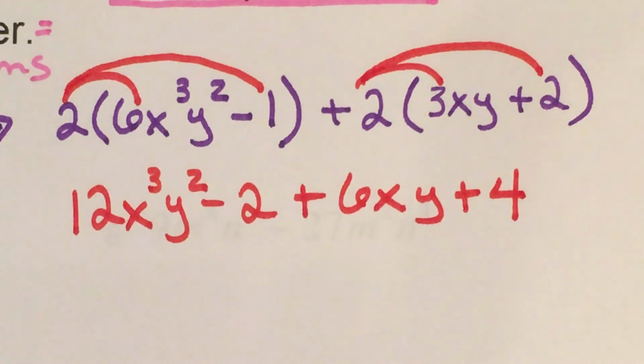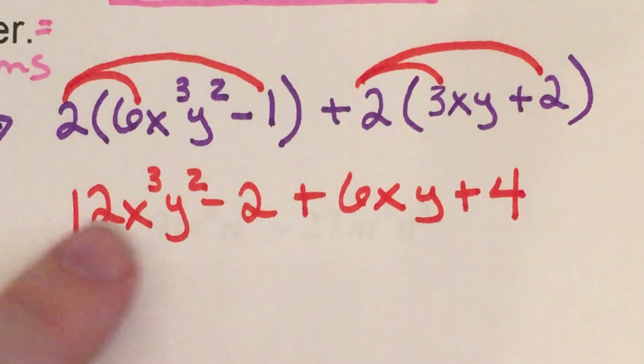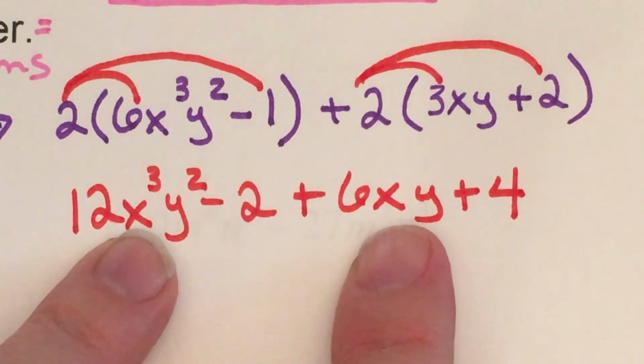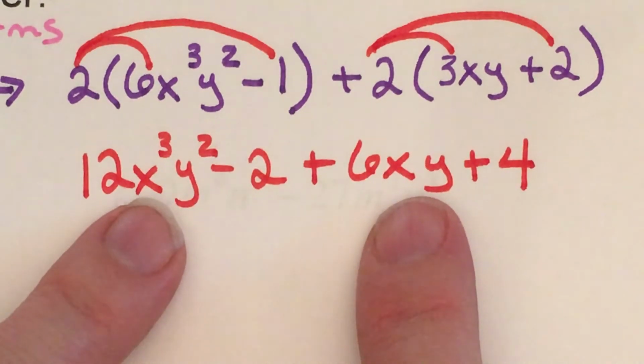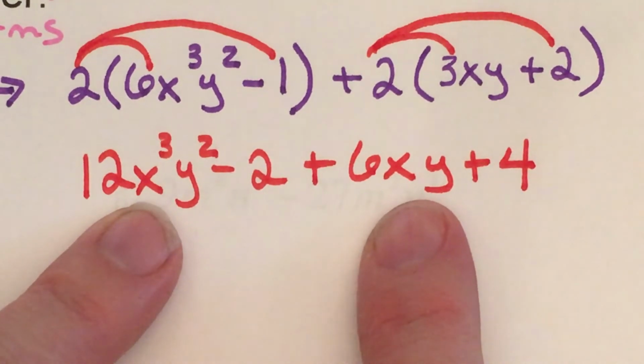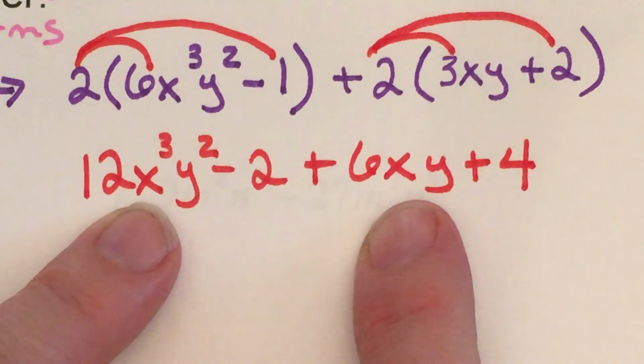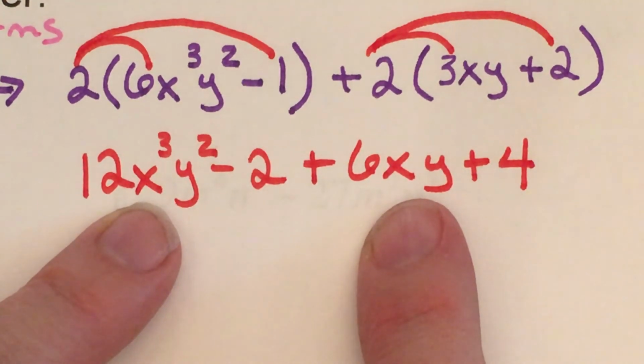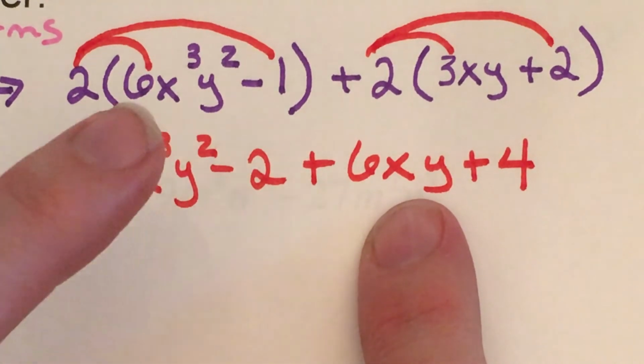All right, let's combine like terms. This has an x and a y. This has an x and a y. Can I combine the 12 and the 6 to make 18? No. Why not? Good.